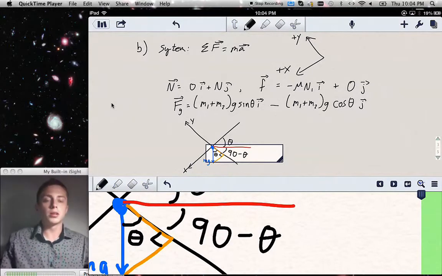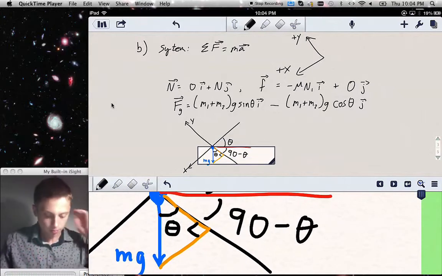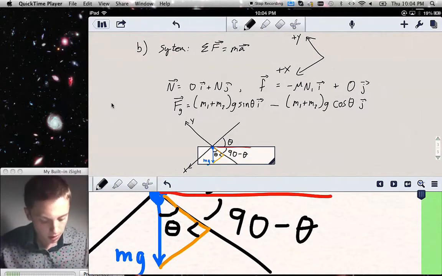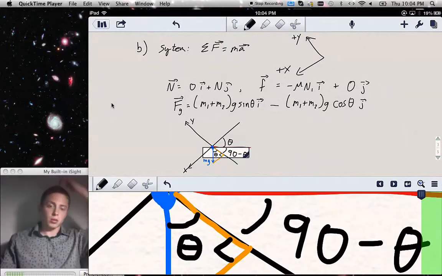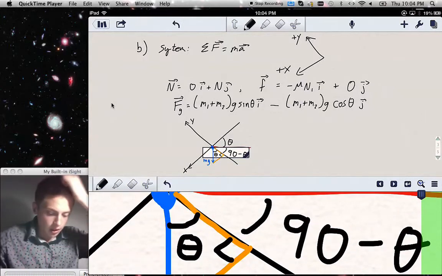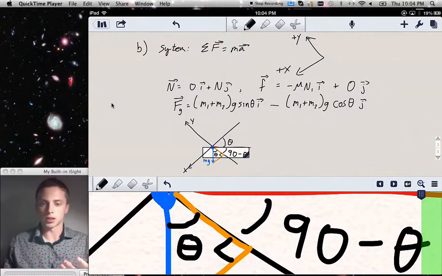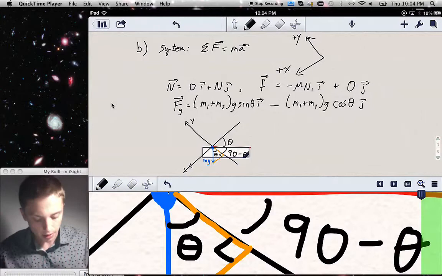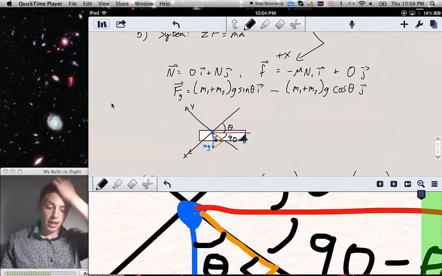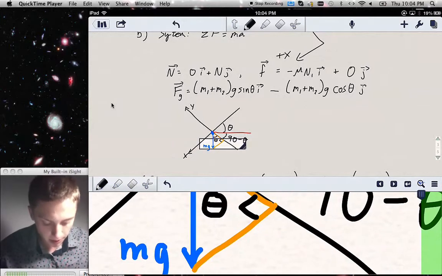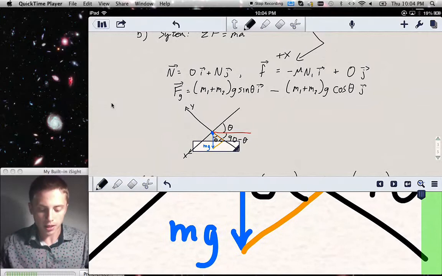Now let's look at two other perpendicular lines, this red line and this blue line. The sum of this angle, 90 minus theta, and the angle from the blue line to this little black line I have here, is equal to 90 degrees, and I've already drawn in that angle as theta. Now I make myself a triangle. We have a line down the y-axis and a line parallel to the x-axis, which makes the triangle a right triangle.